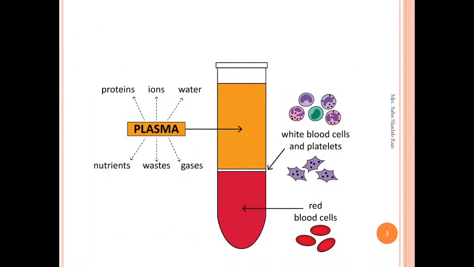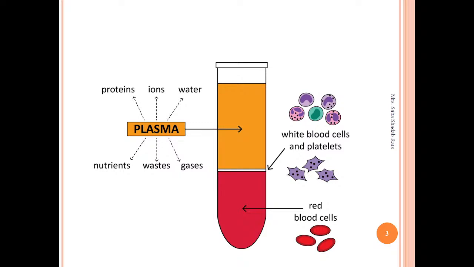But now you tell me, how will you separate this sample? If you want to separate the components of the blood, how will you separate them? I want plasma separately, red blood cells, and white blood cells, everything separated. How will you separate this? Think.